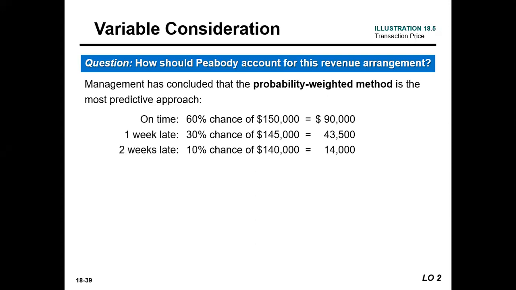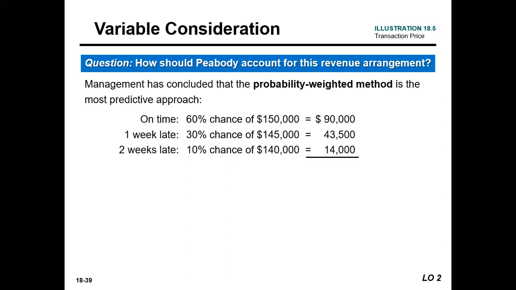And finally, so 150 times 90% times 30%, correct? Do you have the same figure? Times 30%.